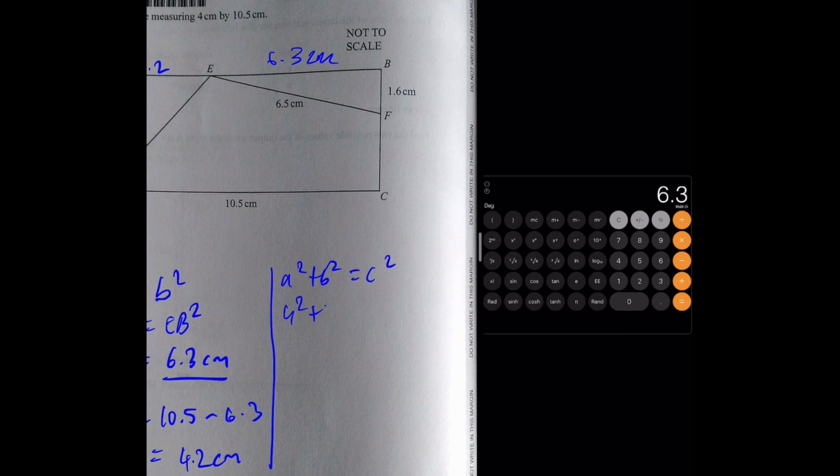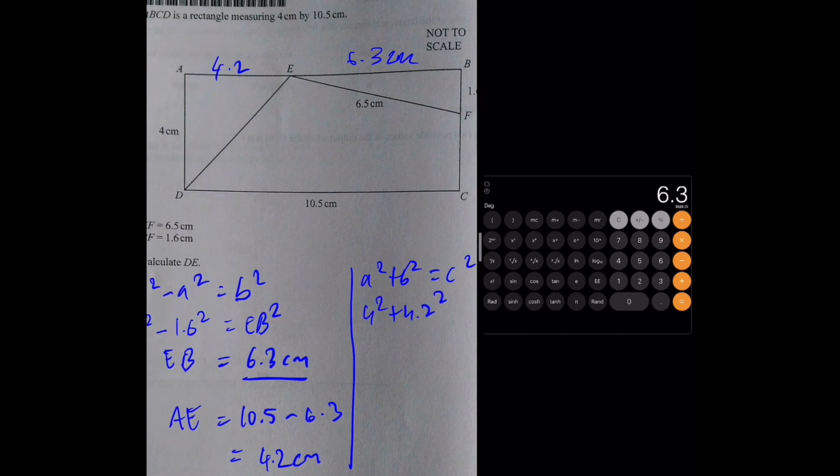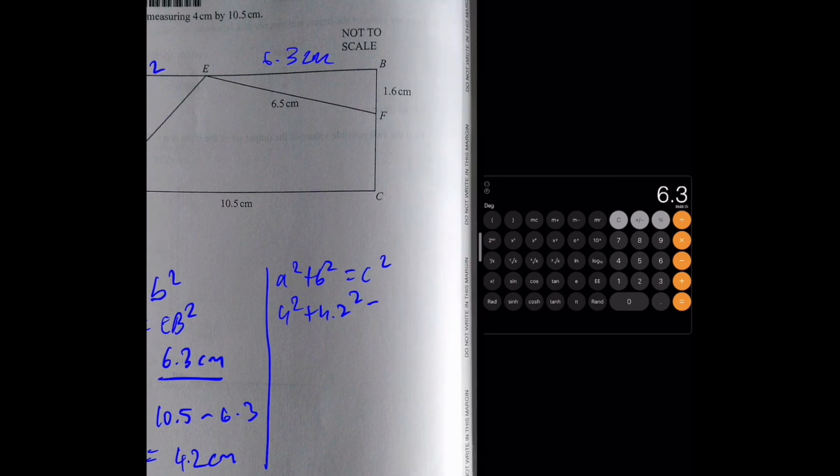Now 4 squared plus 4.2 squared, because we use sides AD and AE, will be equal to DE squared. And that means DE equals the square root of 16, which is 4 squared, plus 4.2 squared, which is this 33.64. So DE equals 5.8 centimeters. That's the answer.